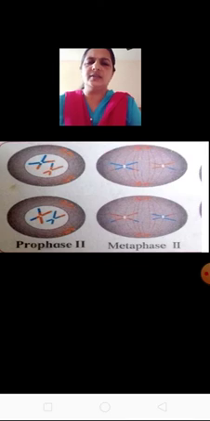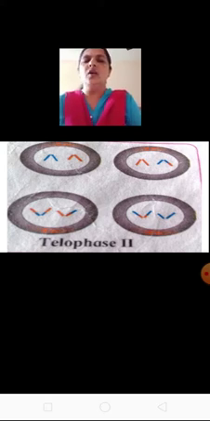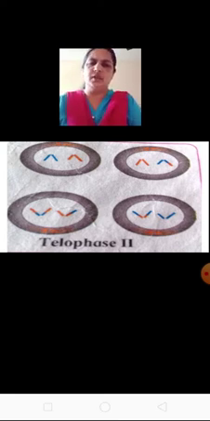In the previous figure you saw it was like a full chromosome, and when you come to the anaphase, half of it is pulled up and half of it is pulled down. On the telophase, there are 4 haploid daughter cells. At the end of telophase, how many haploid cells? You can see there are 4 haploid daughter cells formed in this telophase.